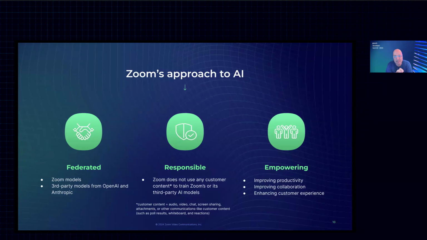The second part, and this is really why it's important to be explicit about your approach to AI, is that we are approaching AI in a responsible manner. What does it mean? It means that Zoom does not use any customer content to train Zoom or its third-party AI models. Now, whether you want to use your customer's data to train your AI models is completely up to you.